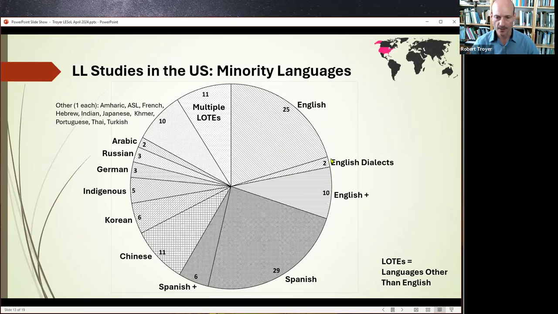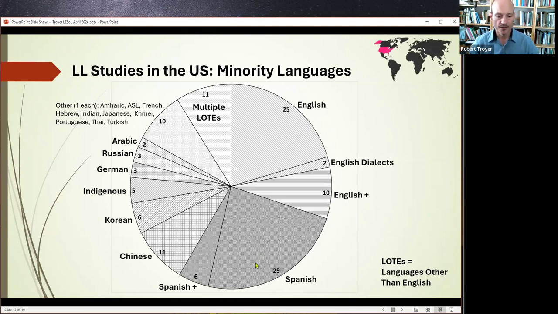There were 2 articles specifically focused on regional varieties of English and how those are present in the landscape, for example, Hawaiian Creole English in Hawaii. And then I labeled 10 of them as English Plus, meaning the primary focus of the data gathering was on English, but there were other languages in the landscape that were documented.